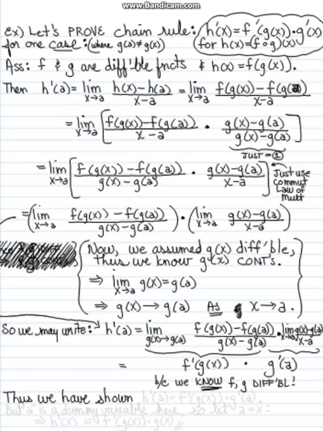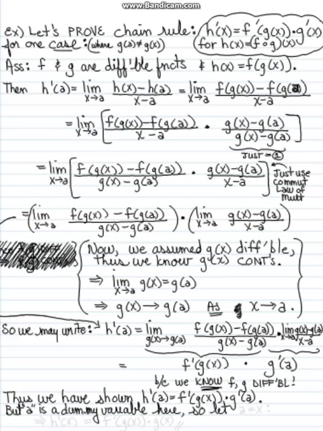Thus, we have shown that h prime of a is equal to f prime of g of a times g prime of a. But a was just the dummy variable. We didn't consider it a constant here. We just considered it some variable. And so we can call it any variable.